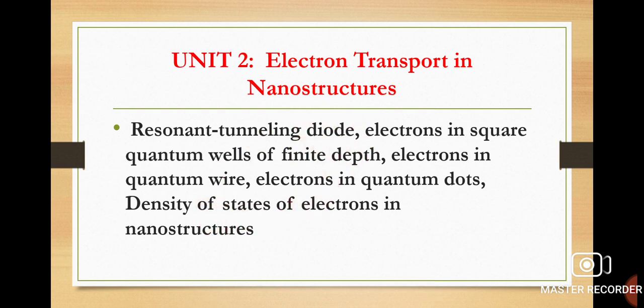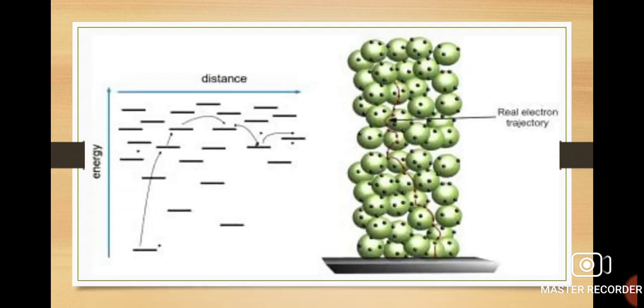So we are going to study the transportation of electrons by using these points. What is meant by electron transport? That only I am going to explain in this lecture. This figure shows the idea of electron transportation. This is the real trajectory of an electron, how the electron can be transferred from one point to another point, or one atom to another atom.